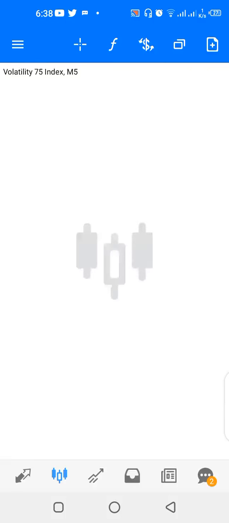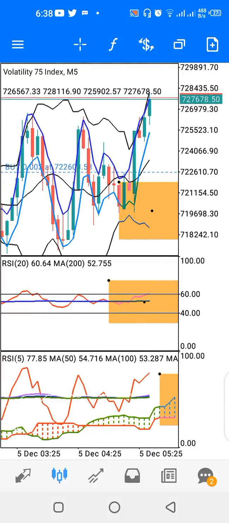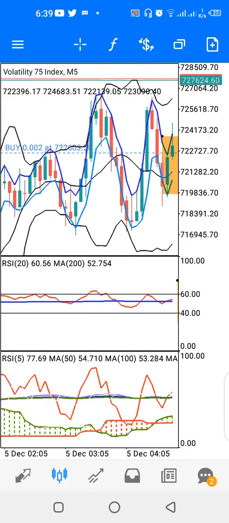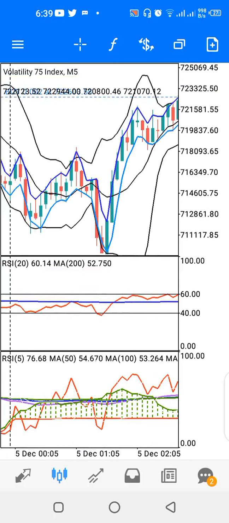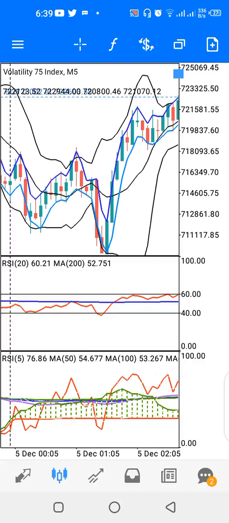Now, how do the settings work on the main window? You can see I have a buy position and price is going up. So how do I take my trades? What I do is I allow the two blue lines to cross above the mid Bollinger band line, the mid band. This black line is the mid band.